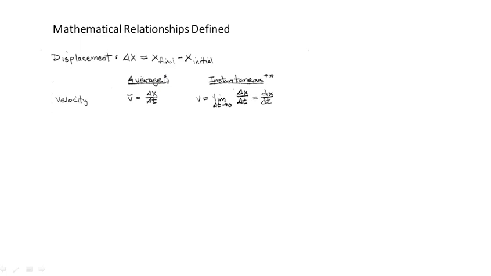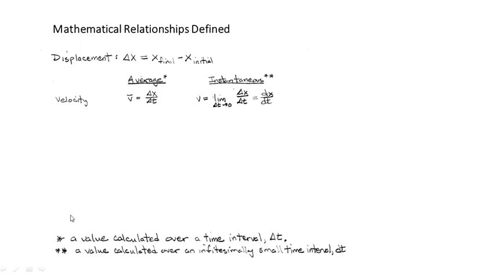Let's look at the definition of the mathematical relationships. Displacement, the symbol delta x, is the particle's final position minus its initial position. For velocity and the remaining quantities, we have the average version and the instantaneous version. For average, we're talking about a calculated value over a time interval, delta t.